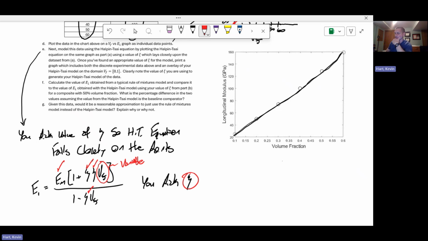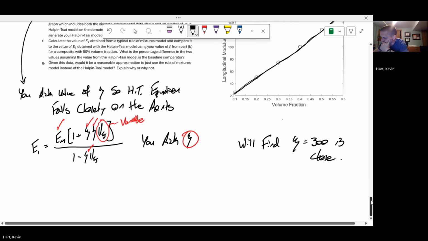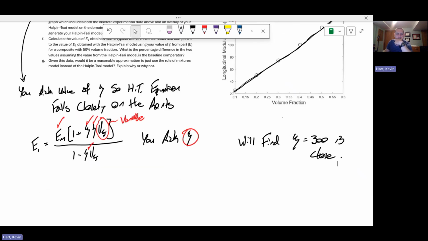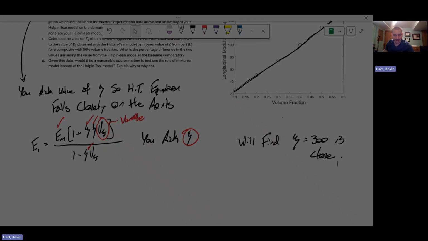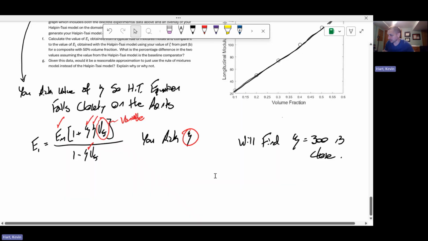So those are all known values. If you do that, you end up finding that a value of xi of about 300 is best. If you use xi as 300 and lay that over the graph, you should get something that looks like this.